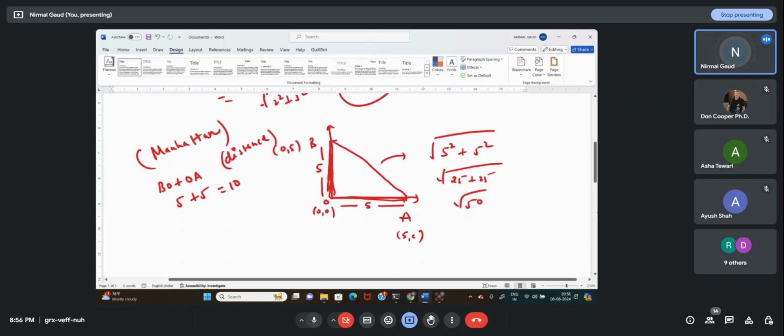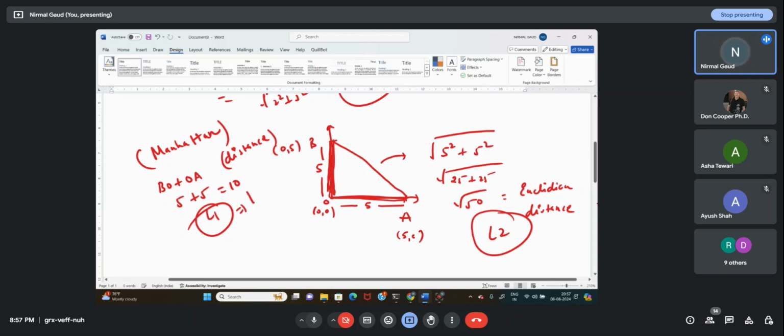This is also a distance, but it's the Euclidean distance. We prefer the Euclidean distance because Manhattan is the longest. So this is L2 and this is L1.